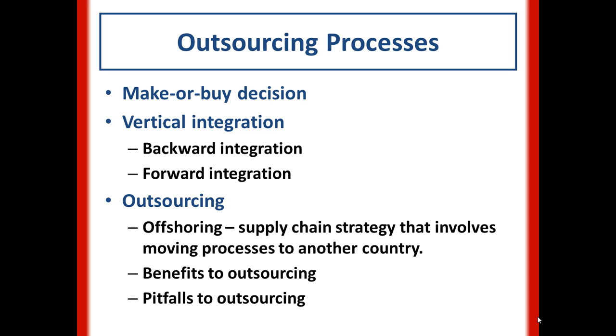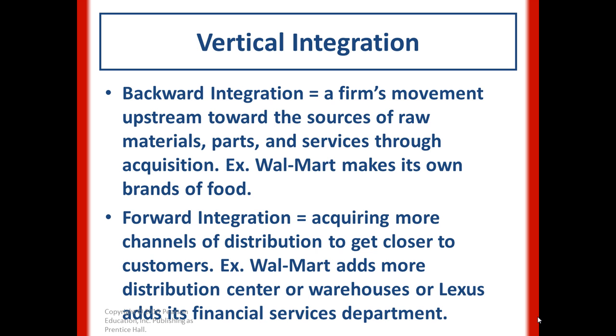There are two ways an organization may achieve vertical integration. First, backward integration. Second, forward integration. A backward integration is a situation when a firm moves upstream toward the sources of raw material, parts, and services through acquisition.